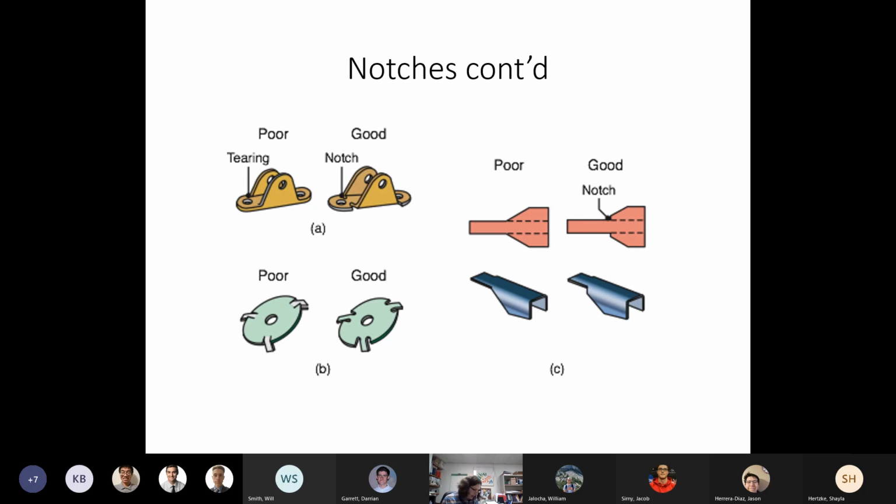Again, we have some examples of putting notches in. We just see that we've got the notches, and it allows for better bending.